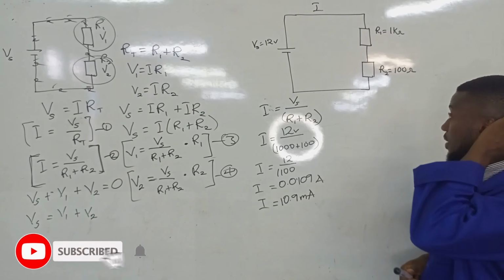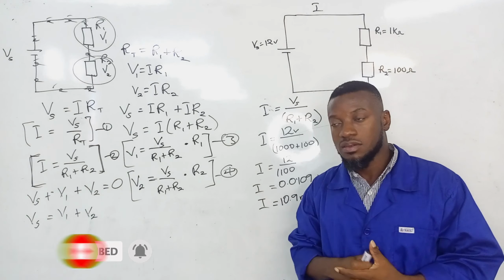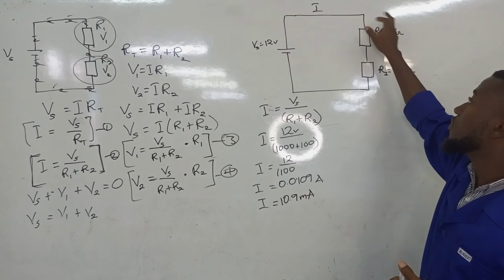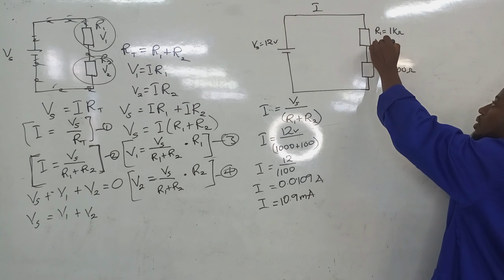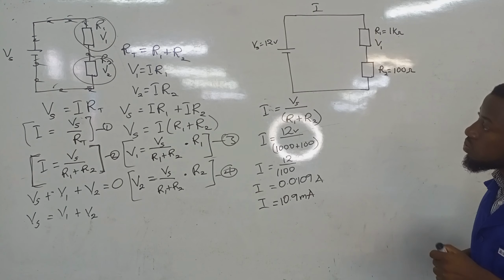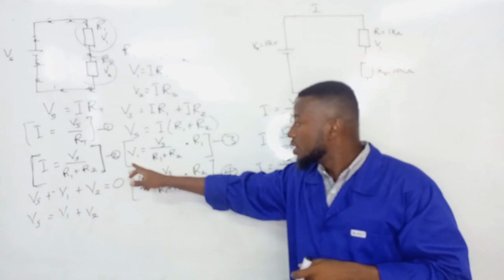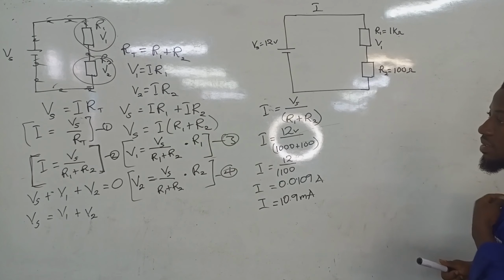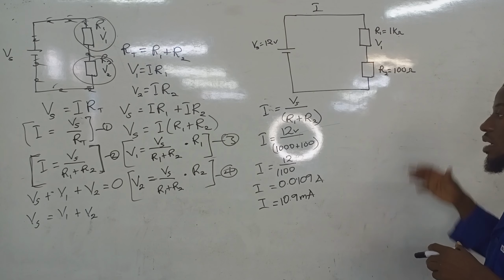All right. Then the next thing we need to find may be the voltage drop in resistor 1. So we say V1, voltage drop in resistor 1. We can quote again from here our equation 3, right? V1 will be Vs on R1 plus R2 times R1.